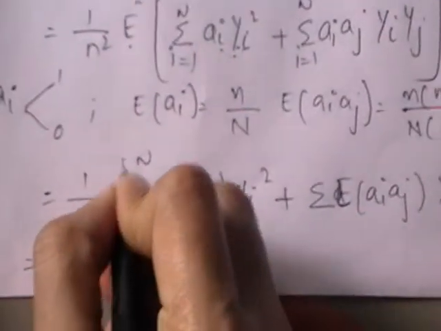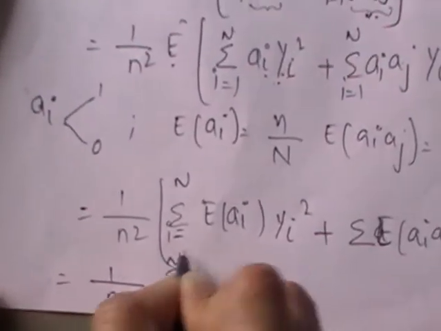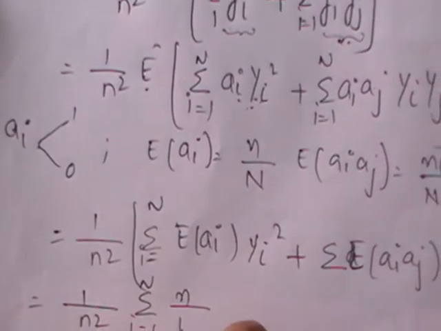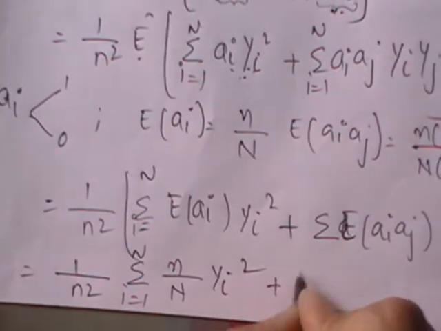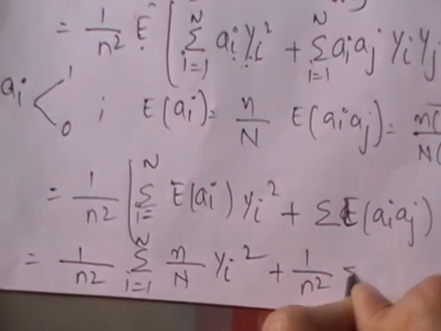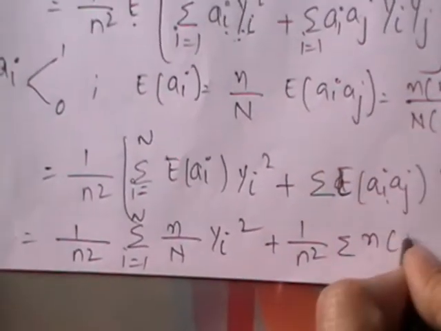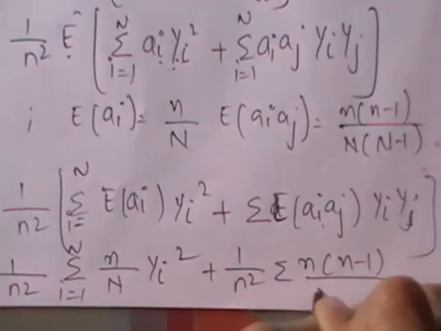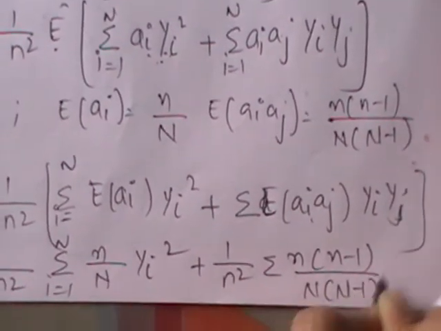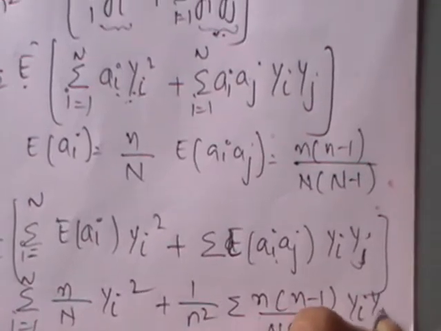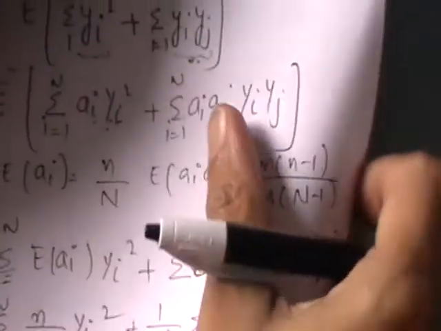The 1 by n square is for both terms. So 1 by n square sigma i equal to 1 to N, expectation of ai is n by N into yi square. Now take the 1 by n square to the next term also: expectation of ai aj is n into n minus 1 by N into N minus 1, times yi yj. I'll rewrite that step again.